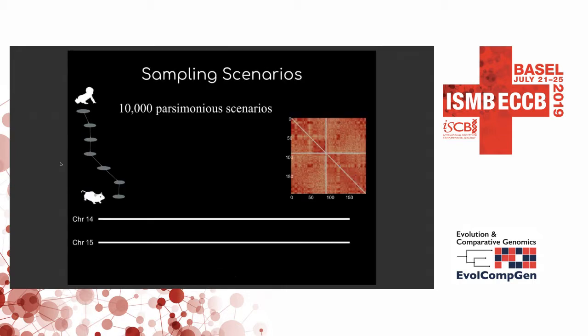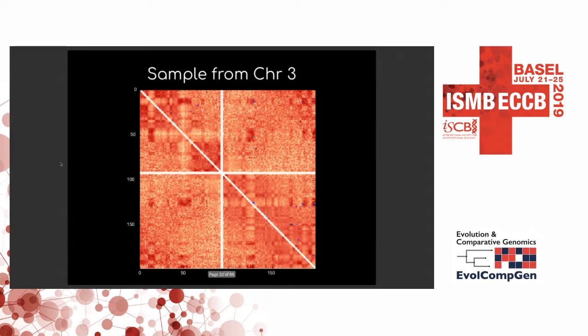So how do we look at this question? Let's take a particular scenario. Each move has 2 breakpoints. So we have a location in the heat map corresponding to each of these moves. Some are within chromosomes, some are between chromosomes.